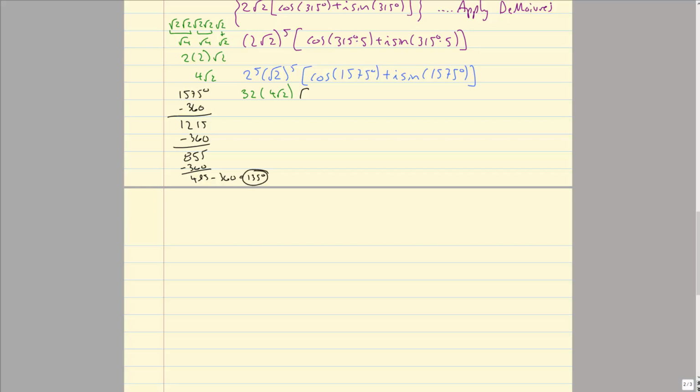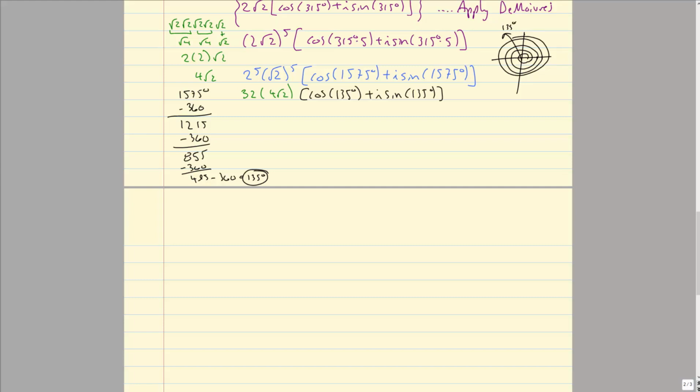So that's what I can do up here, is I can rewrite this then as the cosine of 135 degrees plus i sine of 135 degrees. Because what happened here is that as I spun around the unit circle again and again, that final time I ended up here at 135 degrees.